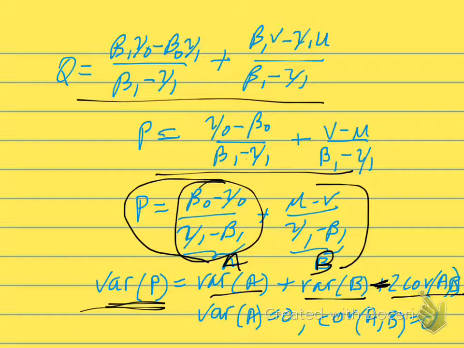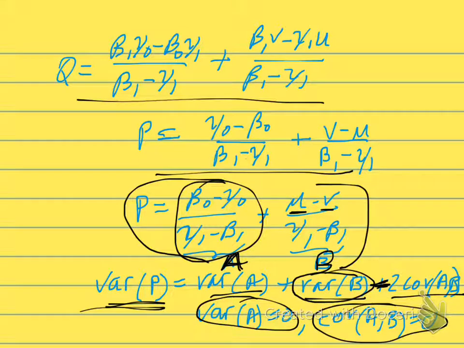So A doesn't vary. It's B that has the U and the V that are the random variables here. So B varies. A does not vary. So the variance of A is equal to 0, and the covariance of A and B is equal to 0, because A doesn't vary.